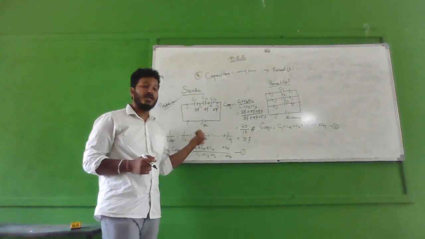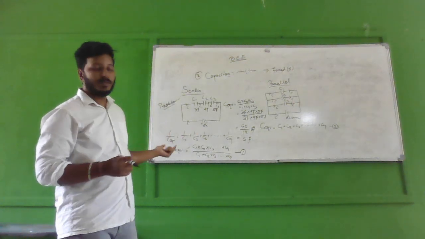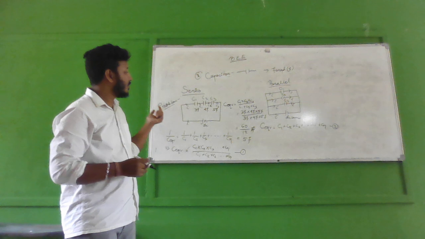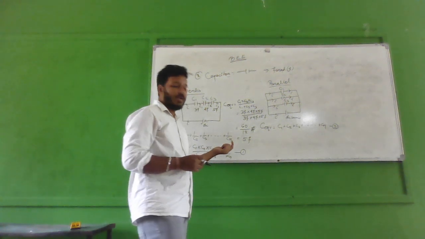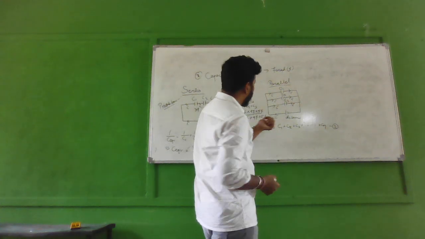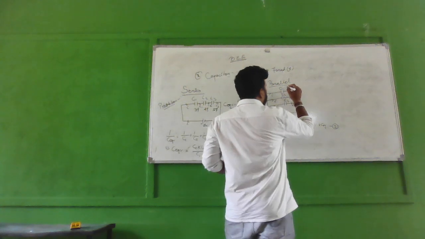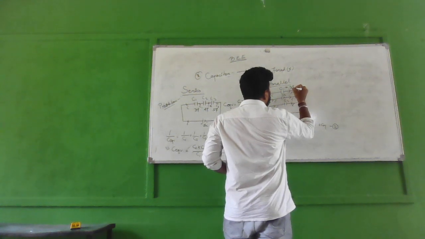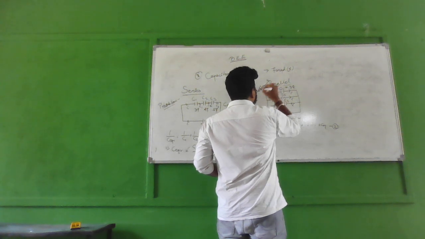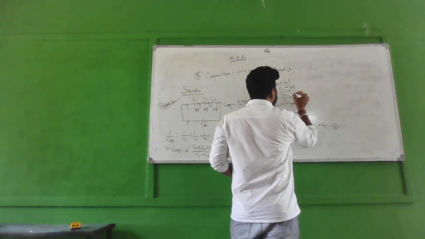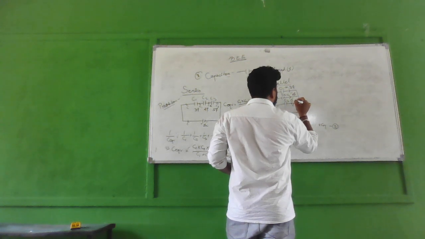Similarly, we will take different values and different problems for each combination: series combination of capacitors, series combination of resistance, parallel combination of resistance, parallel combination of capacitors. For the parallel combination, we will take the same values: C1 equal to 3 farad, C2 equal to 4 farad, C3 equal to 5.